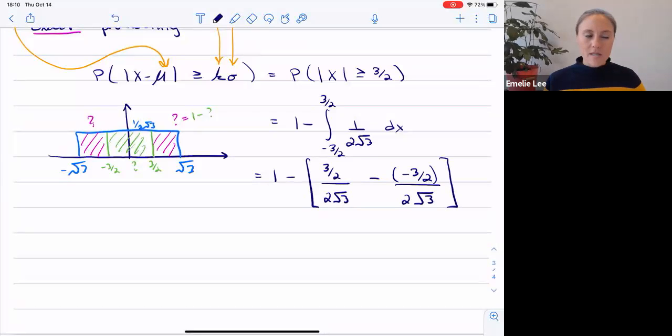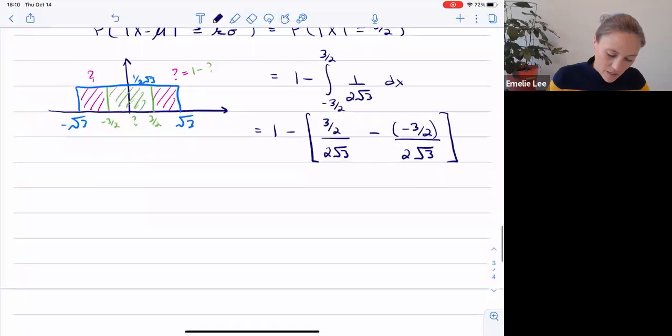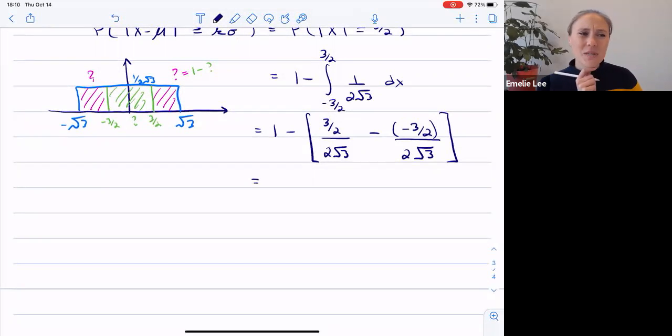I can simplify this. There's a couple of ways, depending on how many steps you want to take here. I always like to do way more steps than you have to, just because it helps me solidify what I'm doing, right? I don't want to look back and be confused by something that I wrote.